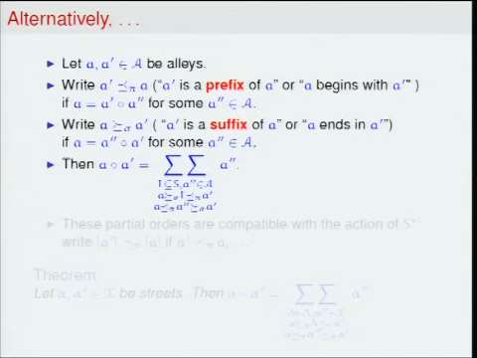In the case of the path algebra, there will be a unique summand surviving on the right-hand side only, and that only if you can actually multiply these, if the product is defined.